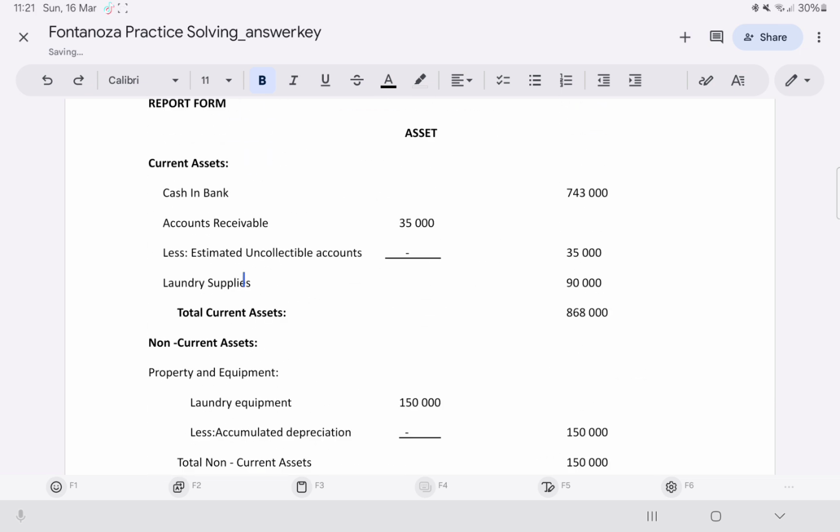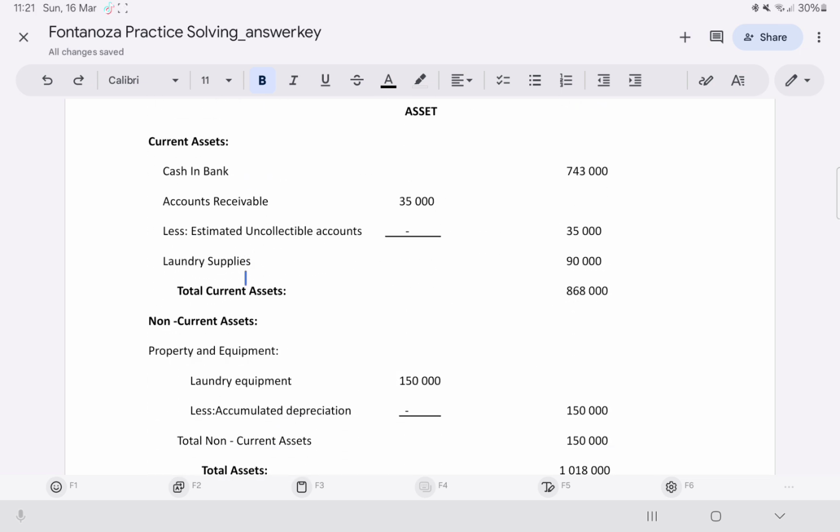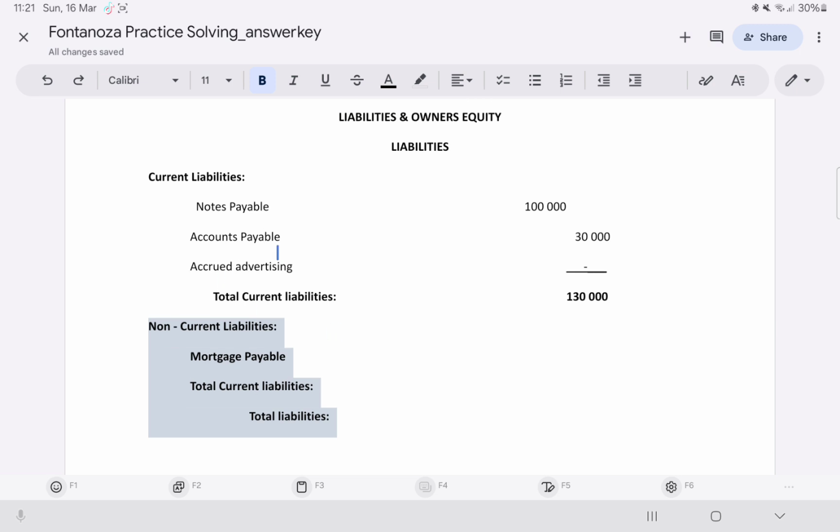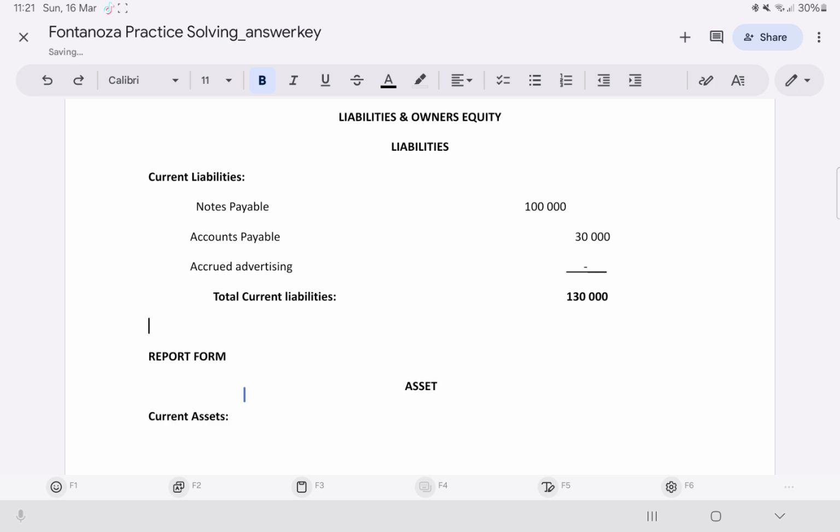This is the report form and just an assumption of non-current liabilities, but in the problem of Fontanoza there is none, so I will omit this one.